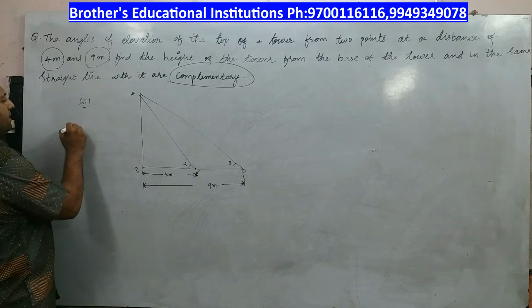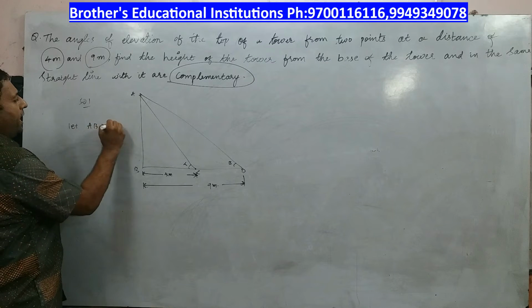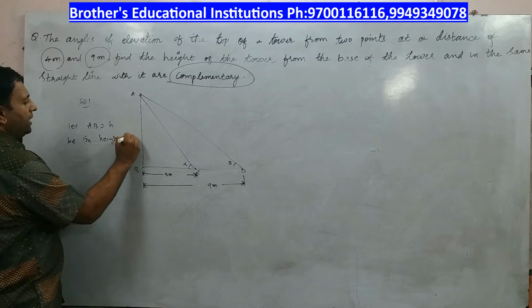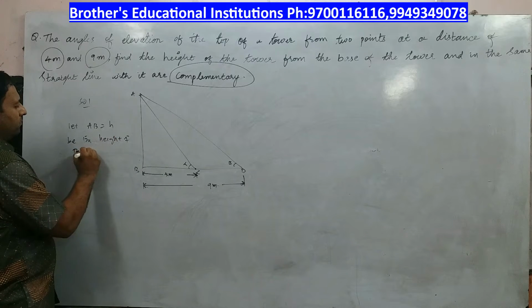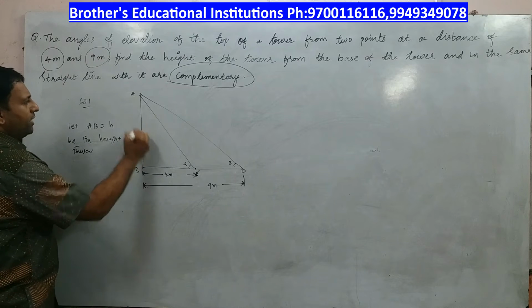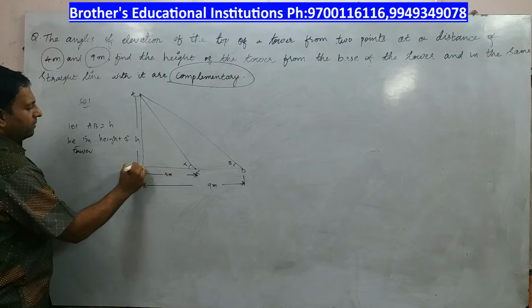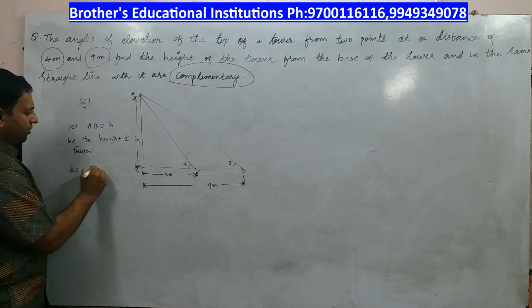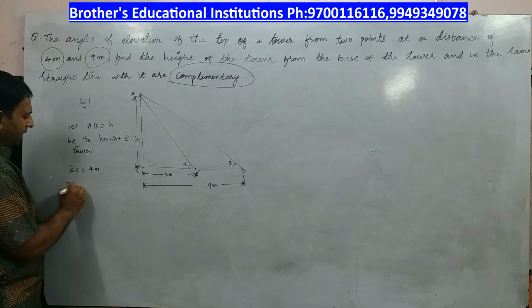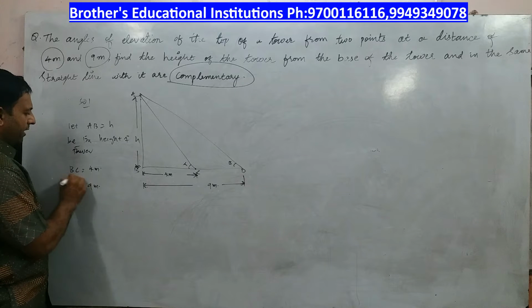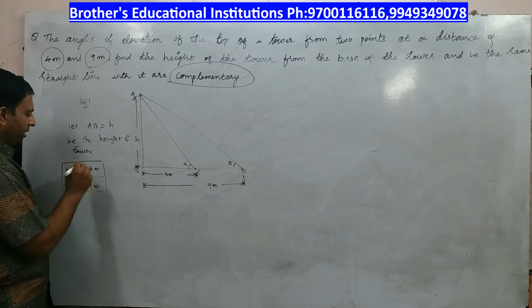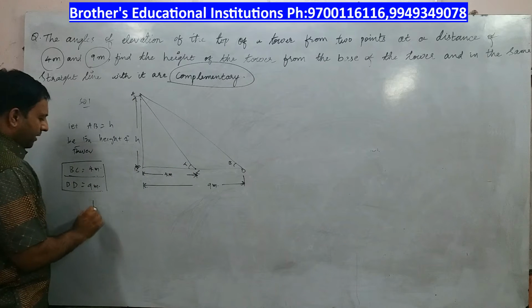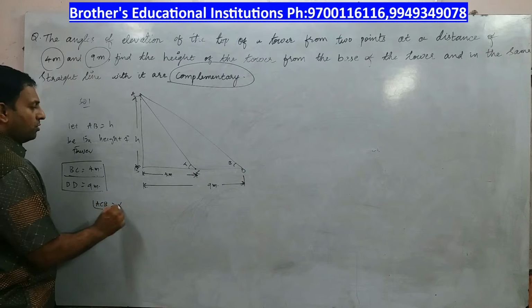Let AB is equal to H be the height of the tower, and then BC is equal to 4 meters, BD is equal to 9 meters. Next, angle ACB is equal to alpha.